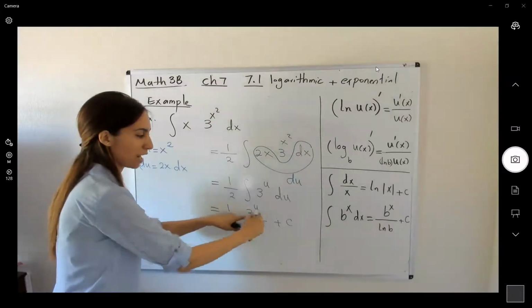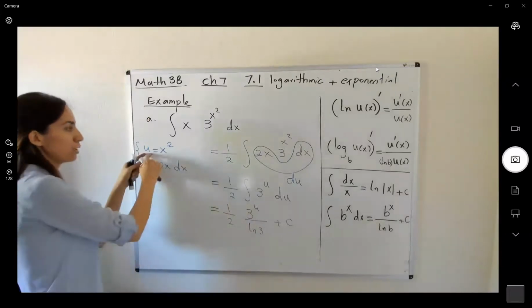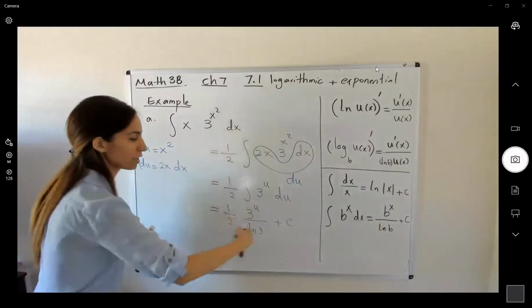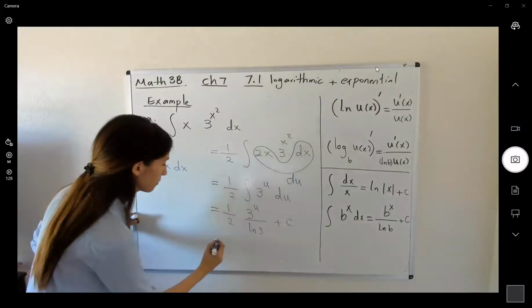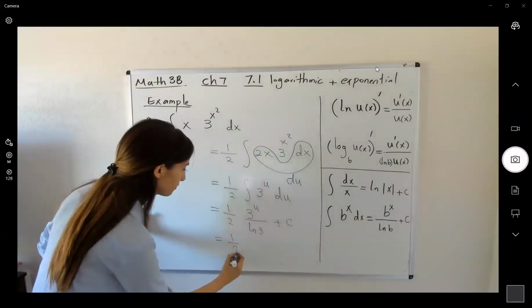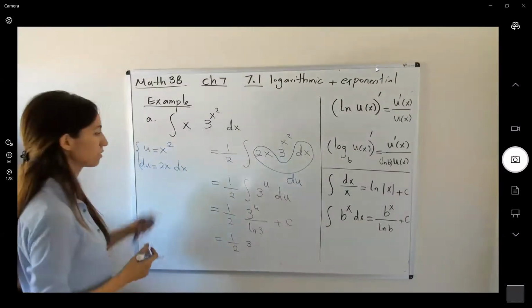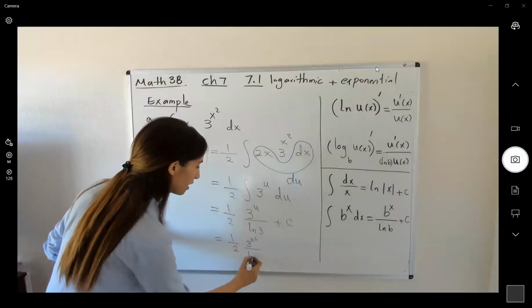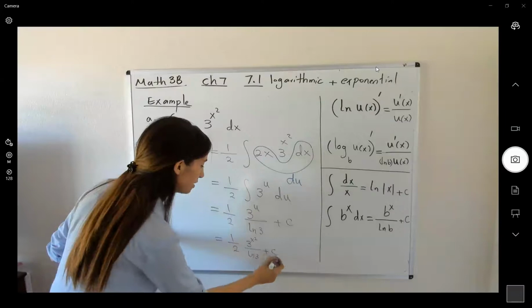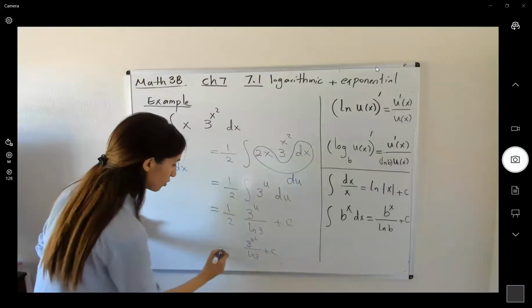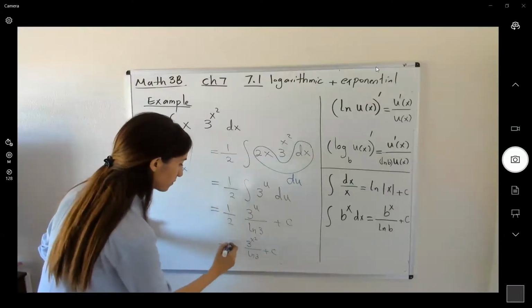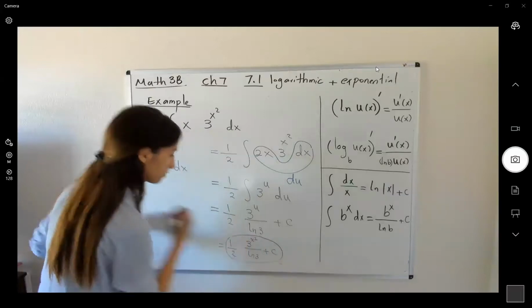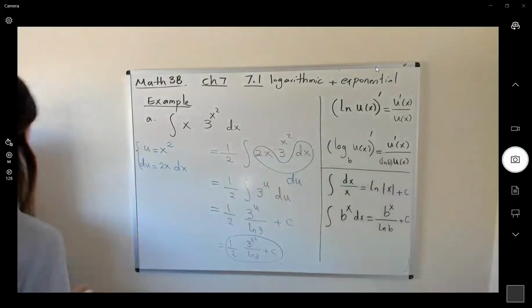So now that we have u, you use u equals x squared to convert everything to x. You get a half 3 raised to x squared divided by ln of 3 plus constant of integration. This is your integral.